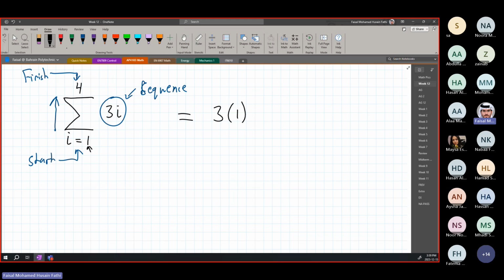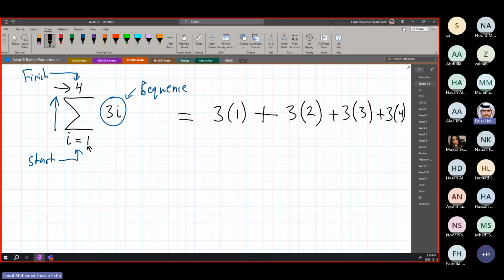What did I say this big sigma means? It means plus. So you have to add a plus. And then you're going to write 3i again. What is our i now after 1? What's the number that comes after 1? 2. And you will go on again. Plus 3i, plus, because we're sigma. What is our i after 2? It's 3. Plus 3i again, which is 4.